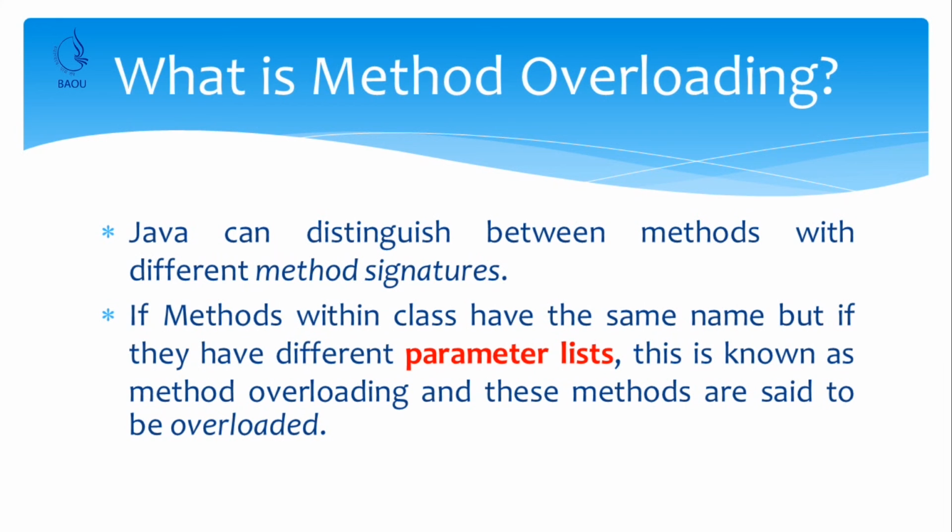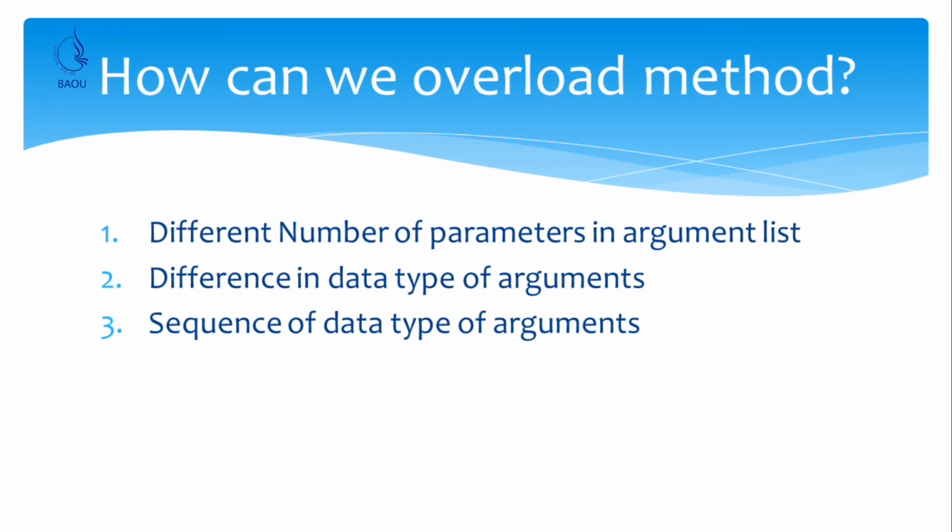If methods within a class have the same name but take different parameters, then this is known as method overloading, and these methods with the same name are said to be overloaded. That means we have the same method name, but with different parameters.